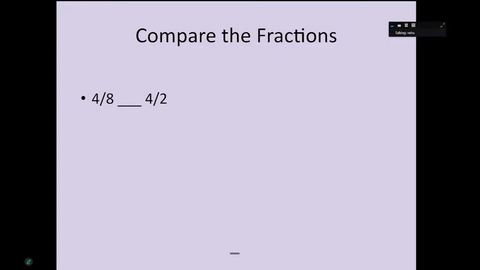Here we have 8 and 2 as the denominator, and so the one with 2 is going to be the greater fraction, since the denominator that has the lowest number is the greater fraction, because it is not split into many parts, which makes it bigger.